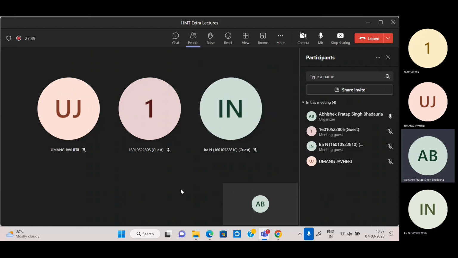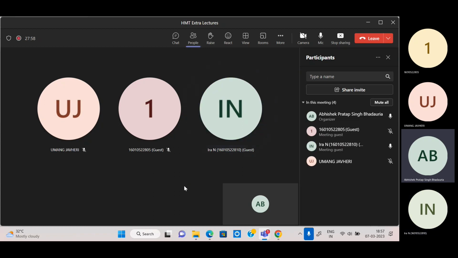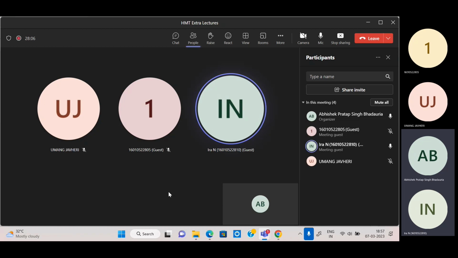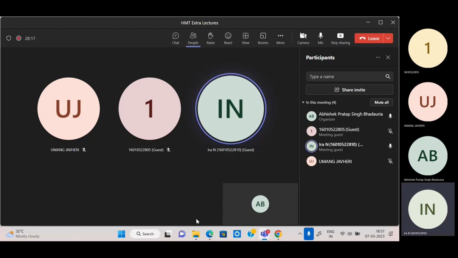If someone is there in the lobby, I will come here and allow them. However, there is no restriction. Anyone can join the lecture. They wait for some time and then they can enter the class. But if they have some issue while joining the class, I will admit all.